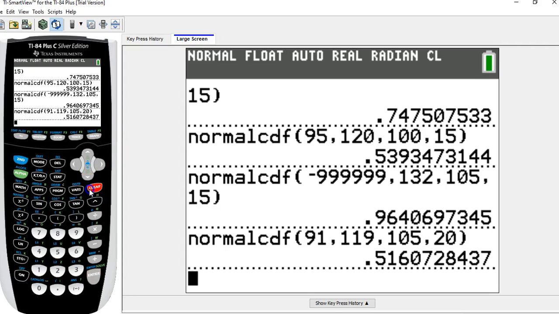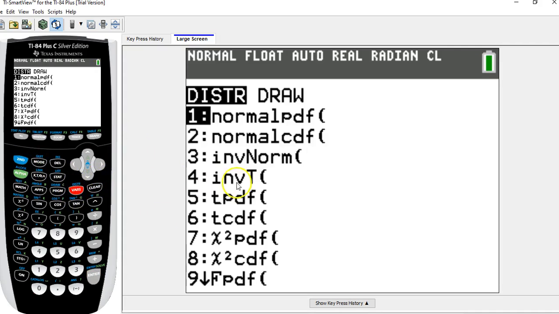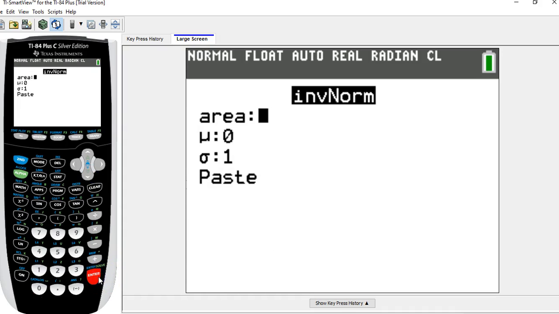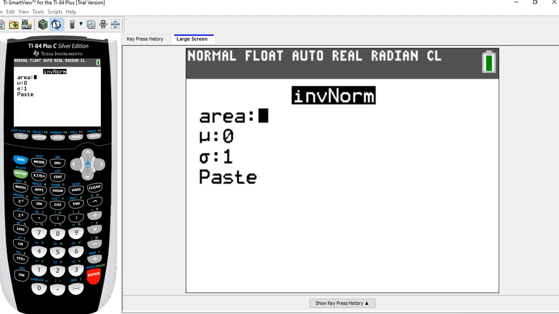InvNorm can do that. So the mean and standard deviation are 100 and 15, and 0.85 is the area to the left. On the calculator, I'm going to go to distributions, InvNorm, which is number 3. My stat wizard is on, so it's asking me for the area to the left, which was 0.85.